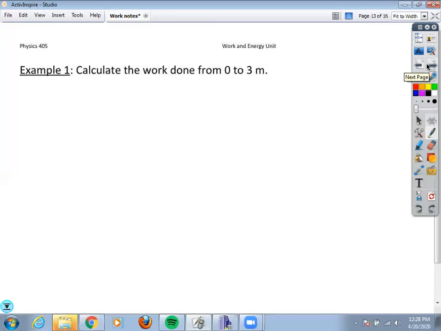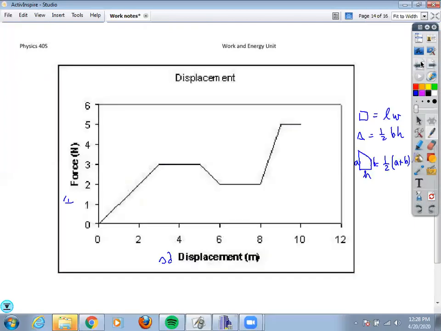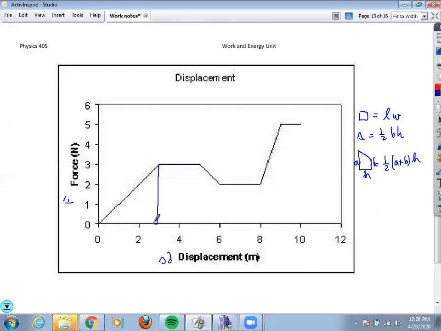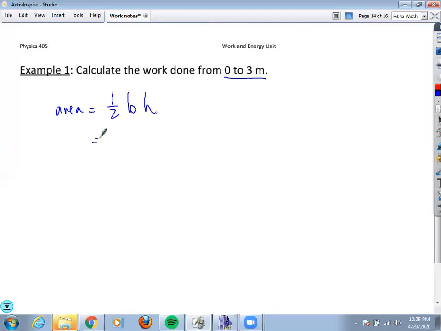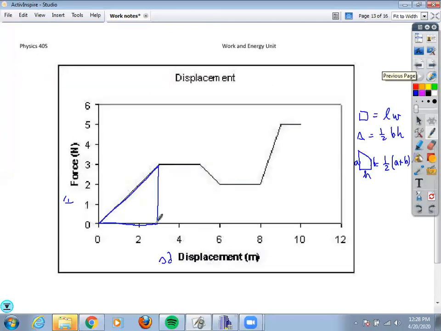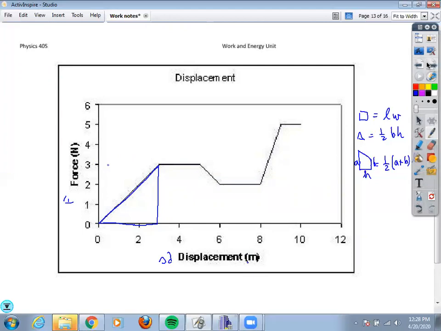So example 1, calculate the work done from 0 to 3 meters. Okay, so we need to find the area. So 0 to 3 is that shape there, which is a triangle. So that's 1/2 base times height. So the base would represent the 3 meters, and the height would represent 3 newtons.